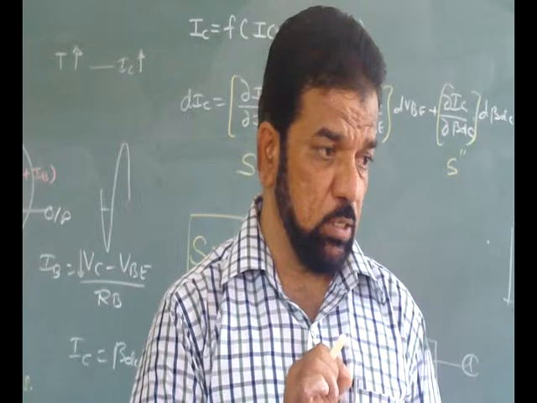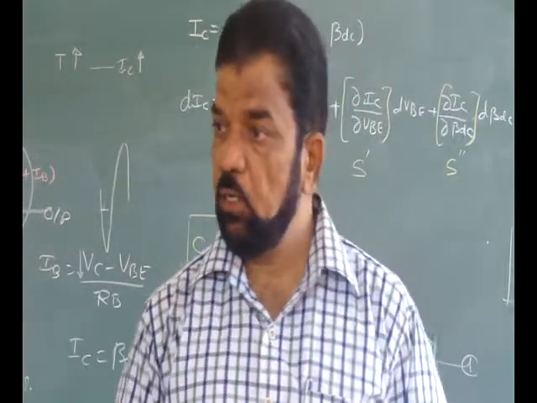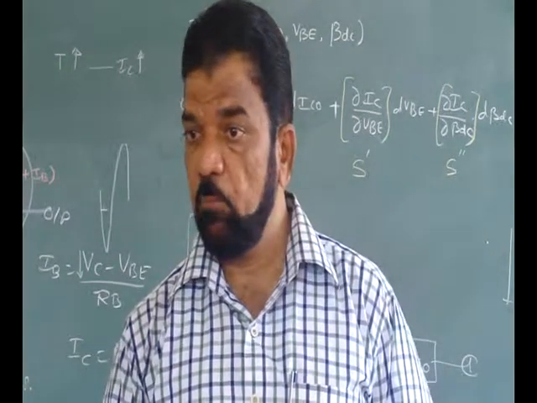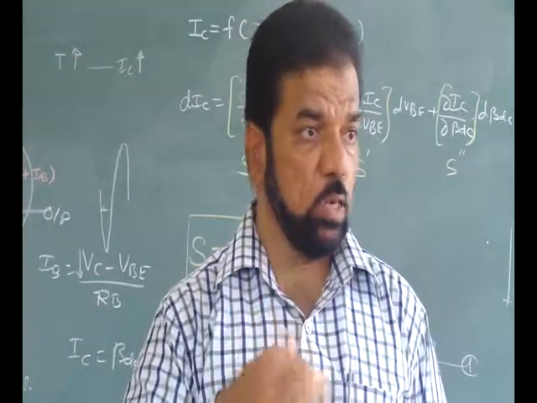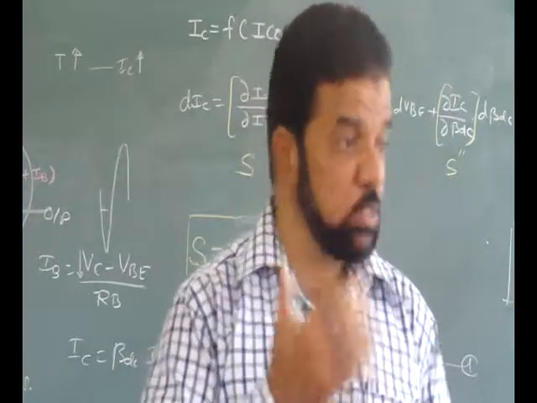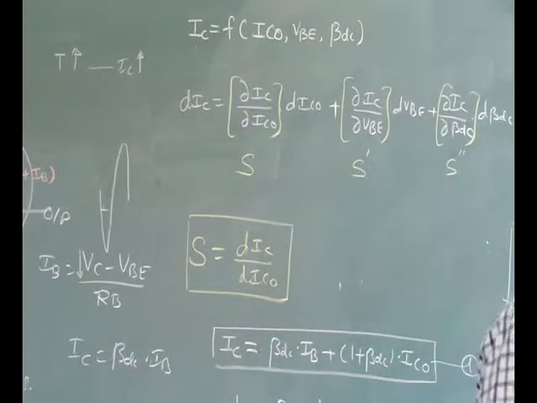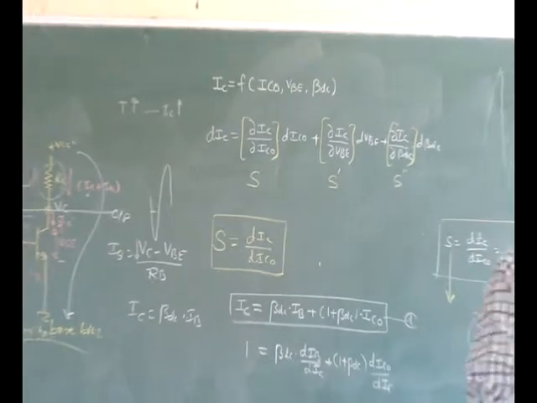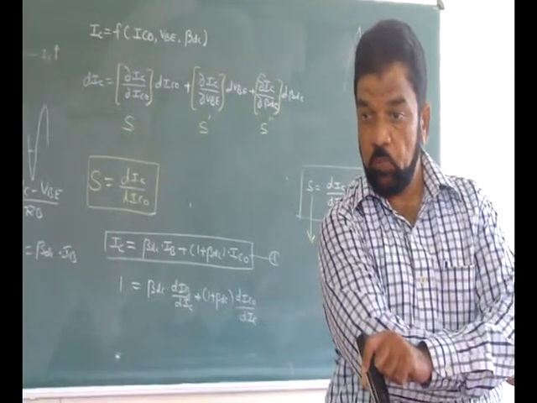Only limitation is decrease in gain, and that decrease in gain you can compensate by using one more stage. I can work with multi-stage configuration. Okay, that means against one limitation, I am getting 5 to 6 advantages, merits. That's why negative feedback is deliberately used in the design of amplifier.